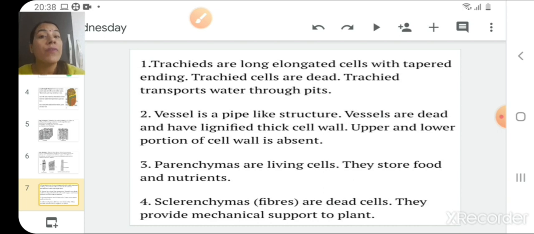Parenchymas are living cells. It is very important to note here that parenchyma are living cells. And the main function of parenchyma is what? To store food and nutrients in it. Again, then sclerenchyma or your xylem fibers. These are dead cells. They provide mechanical support to the plant.